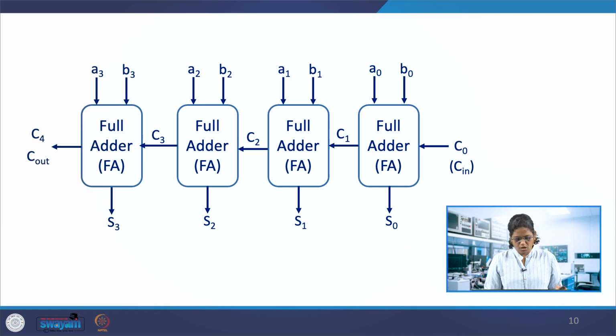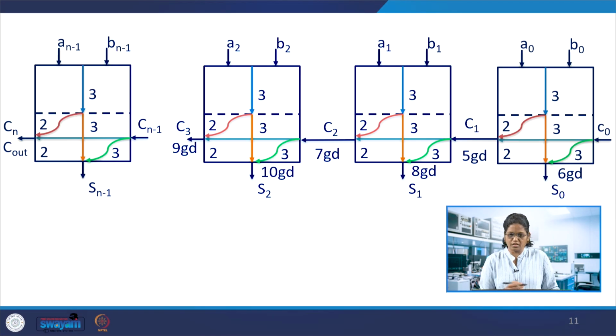From these bits, now let us generalize the timing involved. Each one is A0, A1, A2, up to n minus 1. If it is 4 bit, this is 3, A3 and B3. Here we have the C0 input. As we have seen, 3 and 3, we take the sum in 6 gate delays. And if you have C, to get the sum only it is 3 gate delays.